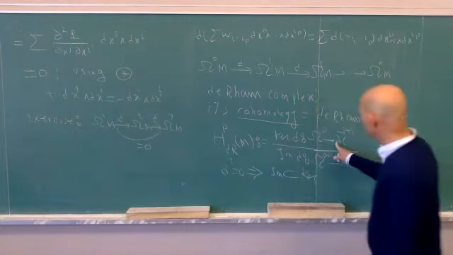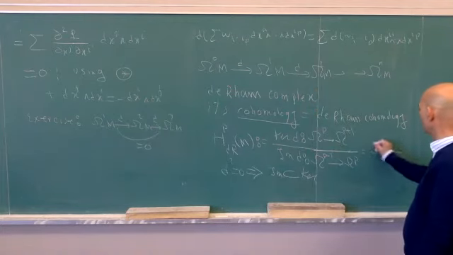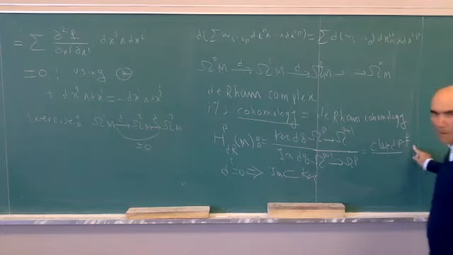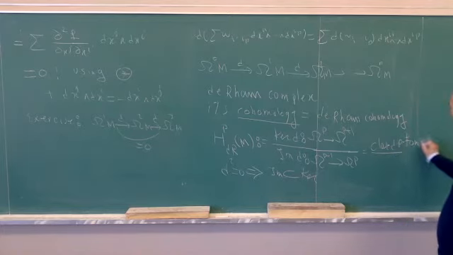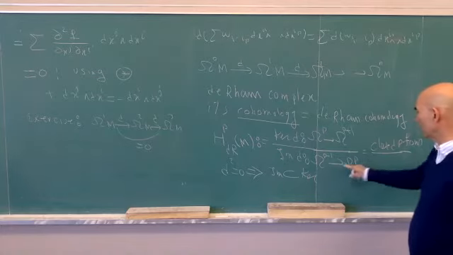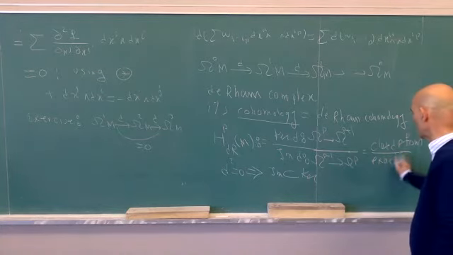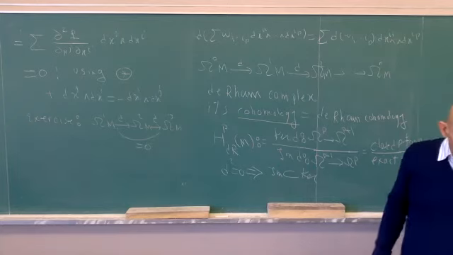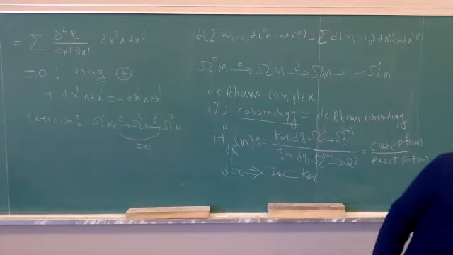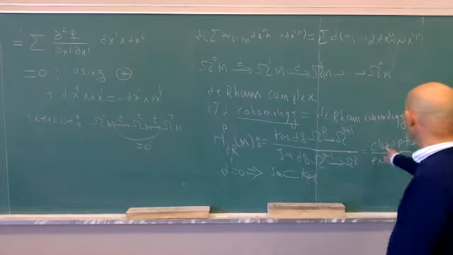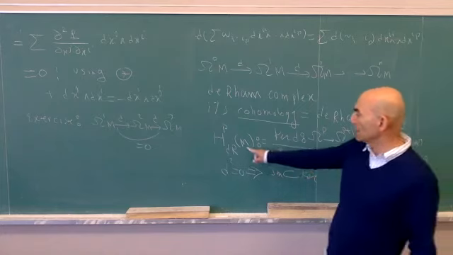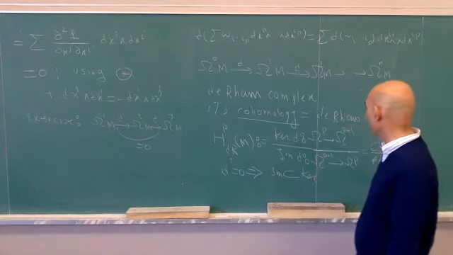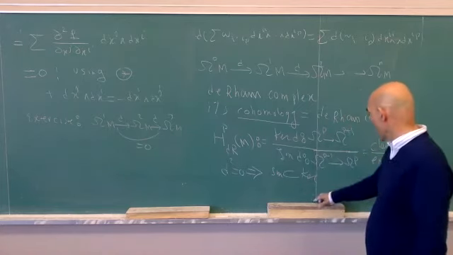These are closed p-forms divided by exact p-forms, and this is the p-th de Rham cohomology of M.